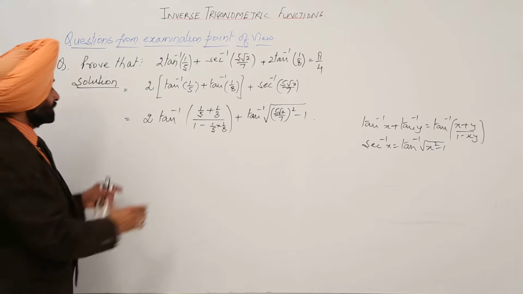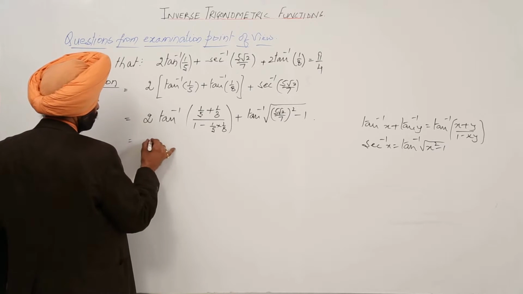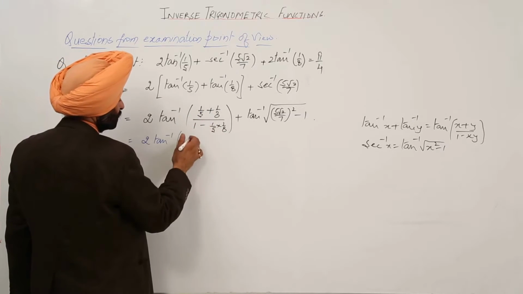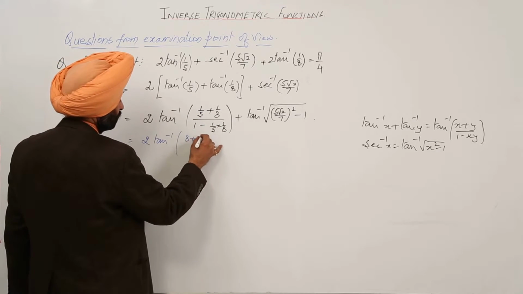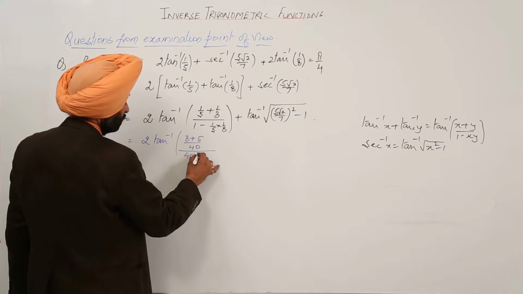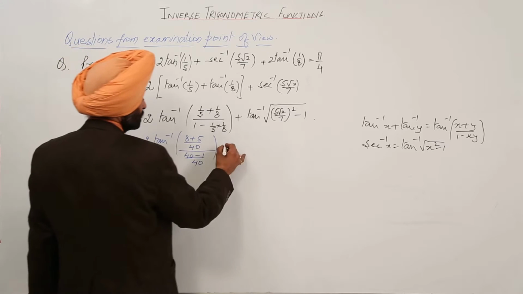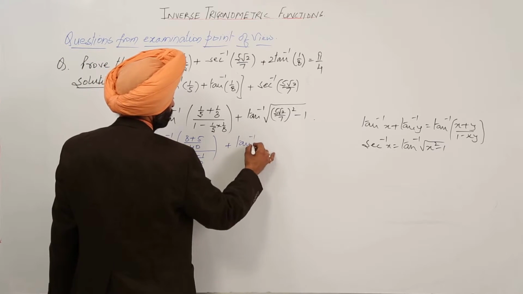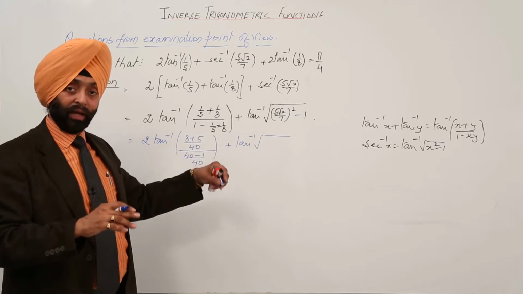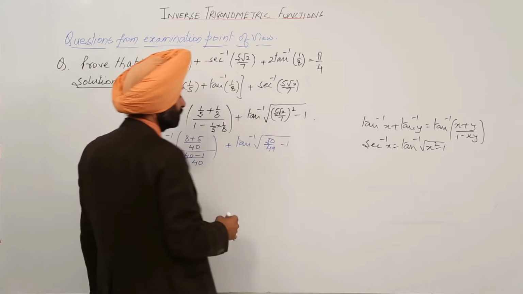Okay, so now let's calculate this part. Now we are having 2 tan inverse, and after taking LCM, 8 plus 5 upon 40, and lower side becomes 40 minus 1 upon 40. Simple calculation. Plus now tan inverse under the root, 5 root 2 squared is 25 into 2, it is 50 upon 49 minus 1.